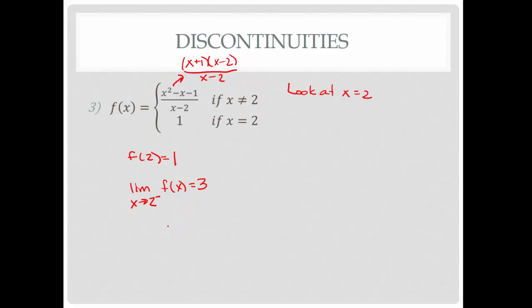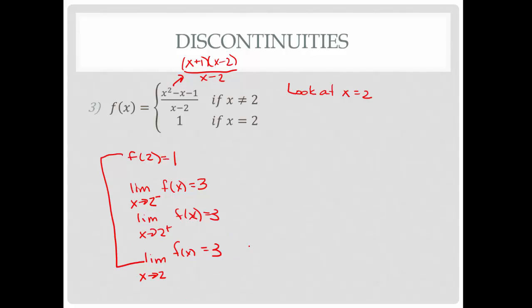From example 1, we know that the limit as x approached 2 from the left on f of x was 3. The limit as x approached 2 from the right on the function was equal to 3, which said that the limit overall on this function is also equal to 3. Once I have f of 2 and the limit as x approaches 2, I compare these two values.